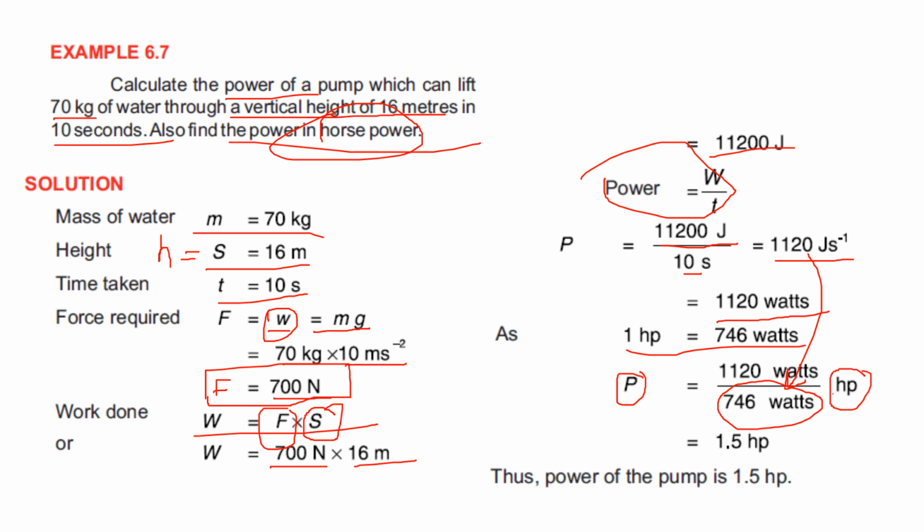Here we do not open the value of horsepower in one place, but in the other we open the value of horsepower, that is equal to 746 watt, because if we cancel out these, there is no effect on this value. So if you just multiply and divide it, you will get 1.5 horsepower. So this is the power of the pump, that is equal to 1.5 horsepower.